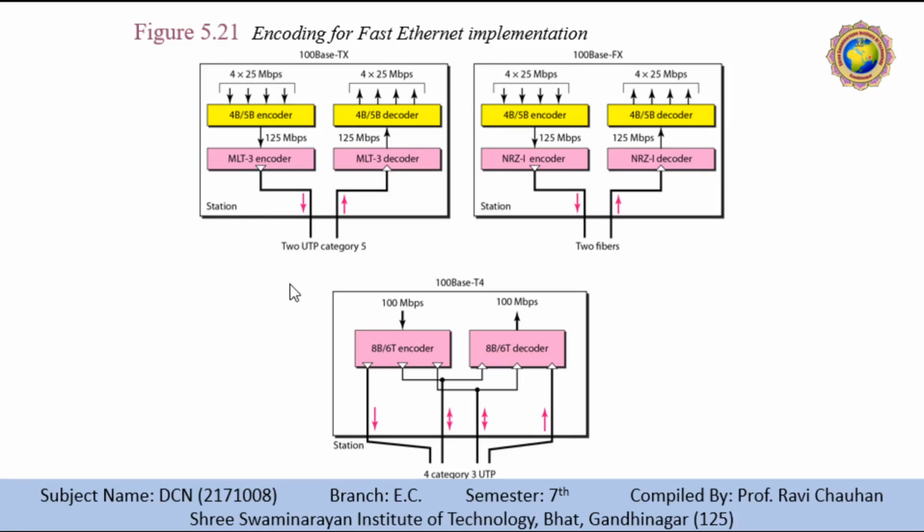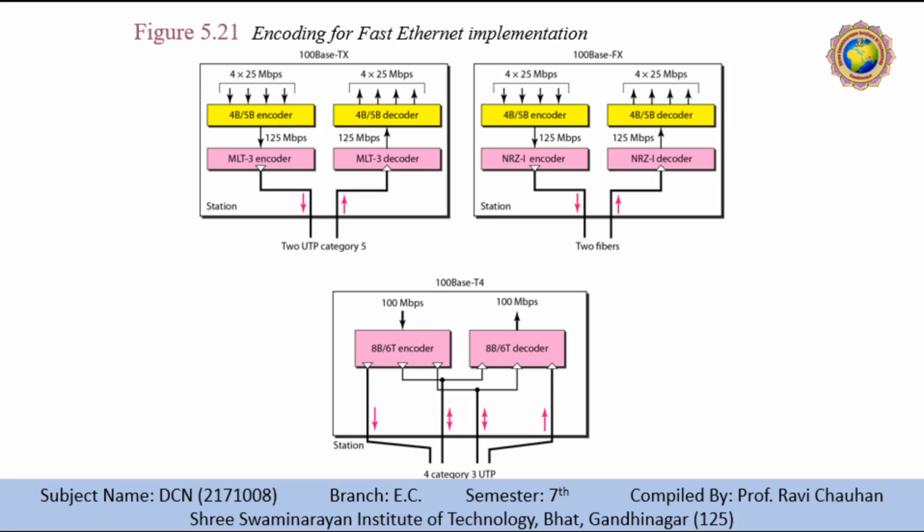100 base TX uses 2 pair of twisted pair cable, either category 5 UTP or STP. For this implementation, an MLT3 scheme was selected since it has good bandwidth performance.